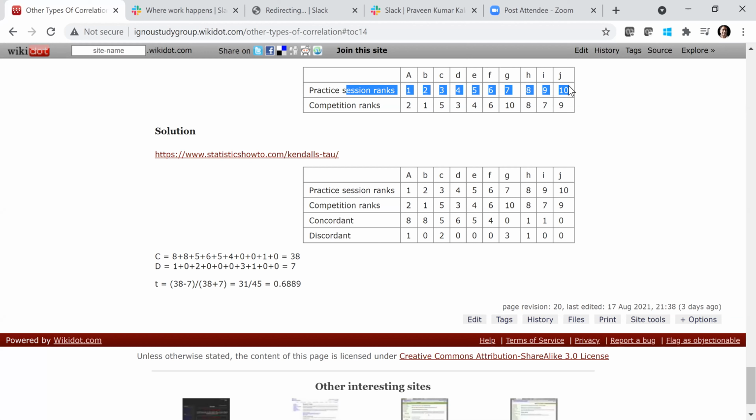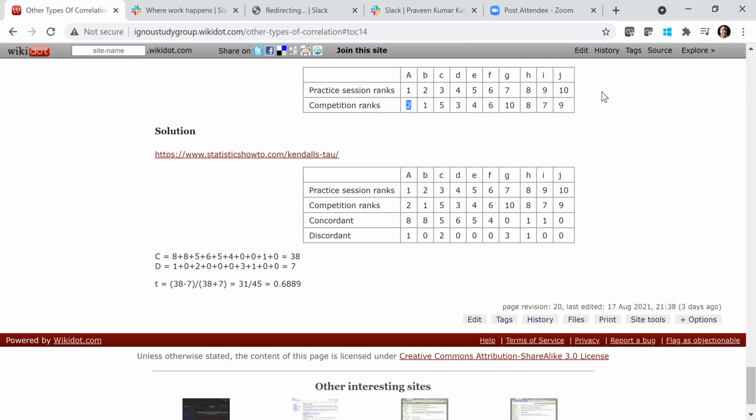Once I do this ascending order, my competition ranks would align to it. I will put whatever rank student A got in the competition accordingly. So once I put one of those in ascending order, that's where the next set of steps really start.